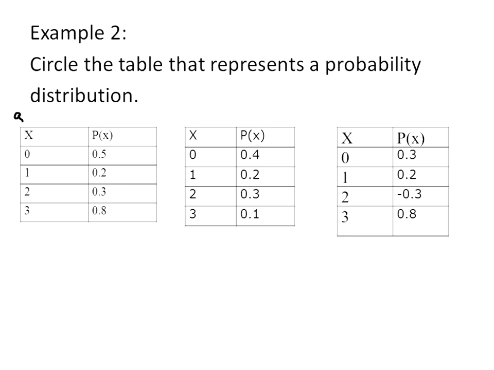I'll call this A, this B, and this C. Right now you're voting on the table that represents a probability distribution. Based on what we just talked about, you should be able to know which one it is.